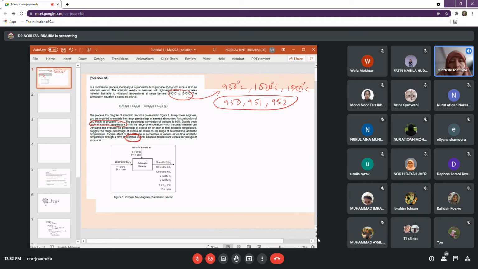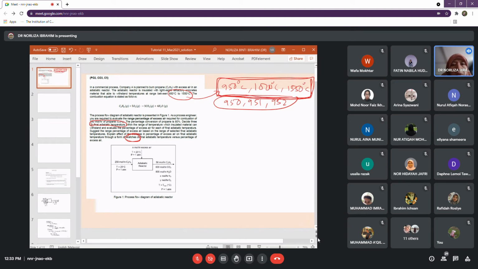This range is because it is an open question, so we do not want students to have the same answer. During the final, because the range is 950 to 1550, we won't expect every single student to choose this value. For sure there is a range of temperatures selected.